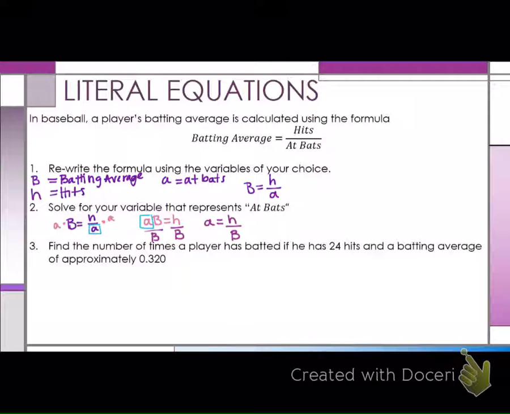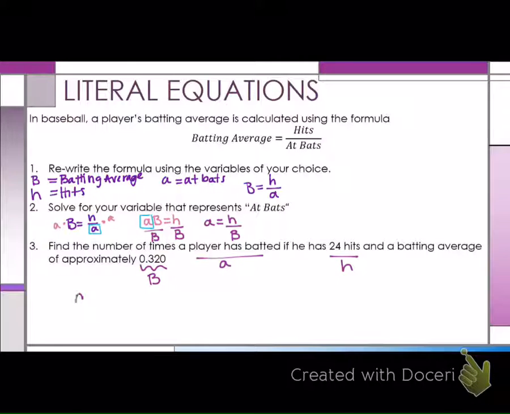So find the number of times a player has batted, so at-bats. If he has hit 24 times and has a batting average of .320, which is pretty good actually. What is our batting average, B?